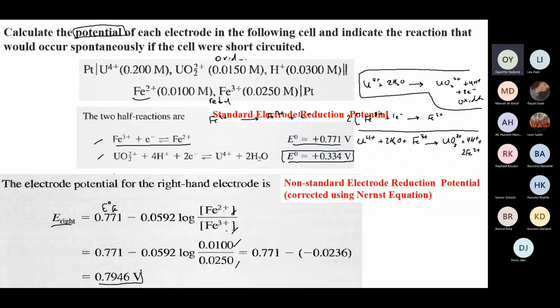Notice the corrected reduction potential is very close to the standard reduction potential. It doesn't differ much, it's within the same range, but not overly different.